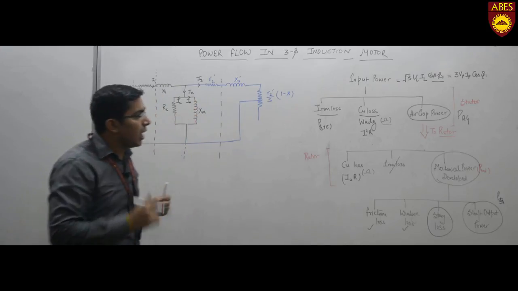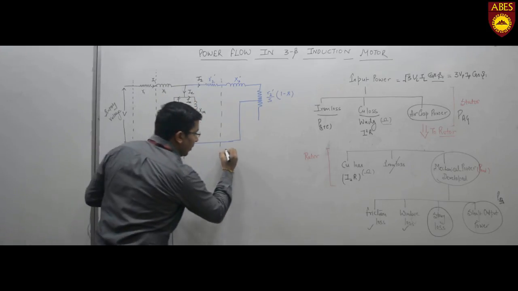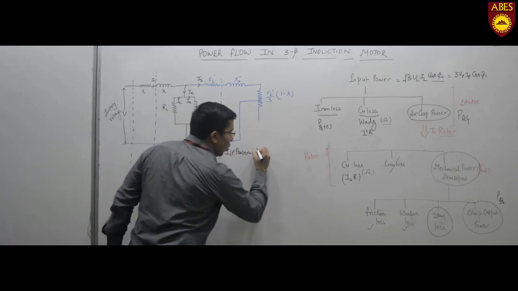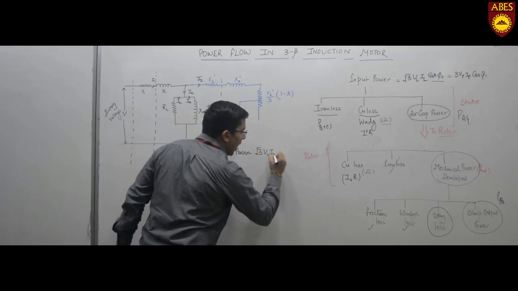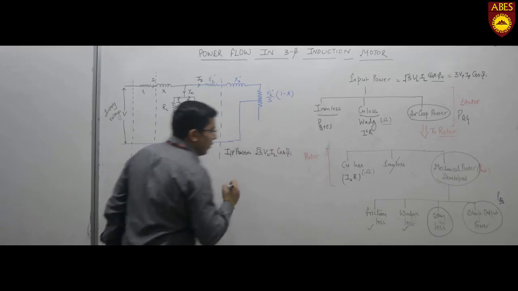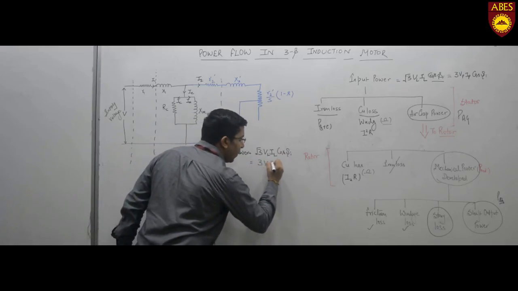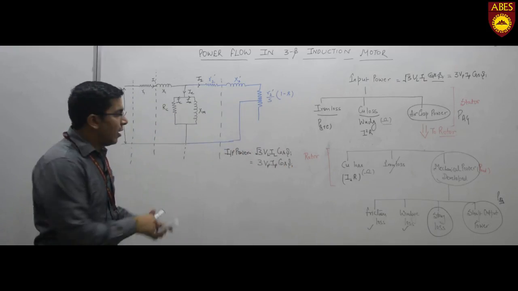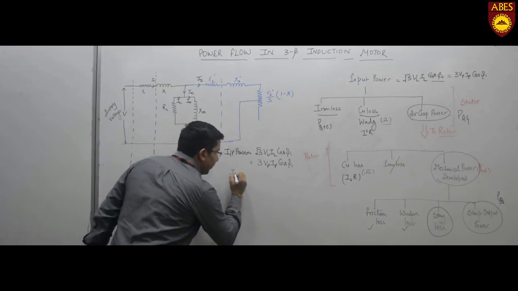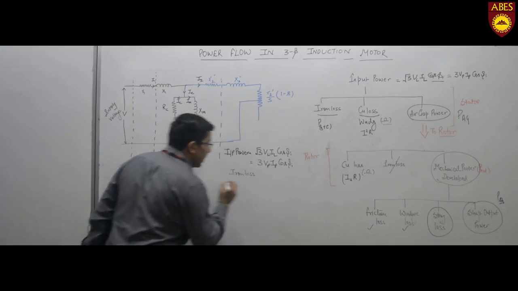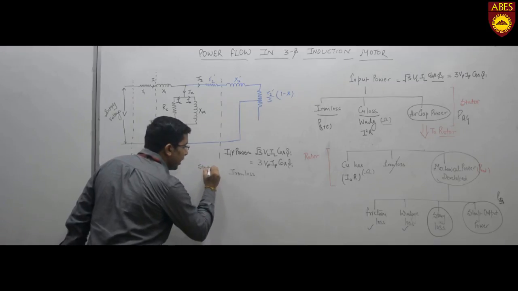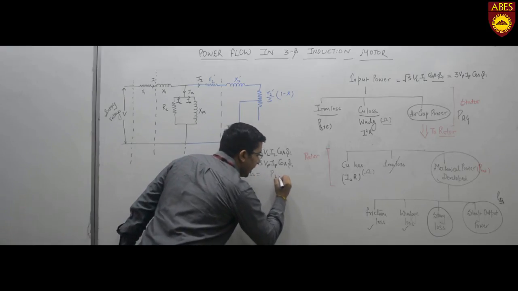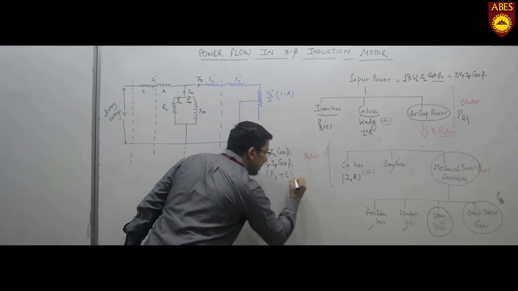For that, we can start with the input power, which is equal to root 3 VL IL cos phi I, which is equivalent to 3 Vp Ip cos phi I. Now, iron loss on the stator side is due to hysteresis plus eddy current on the stator side.